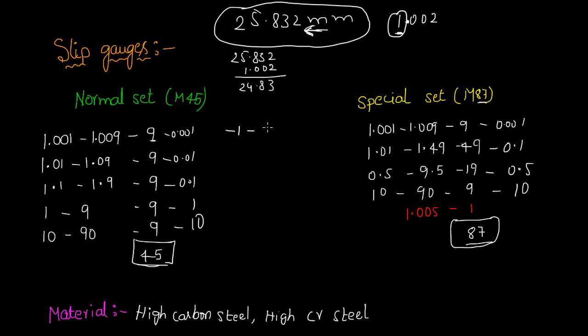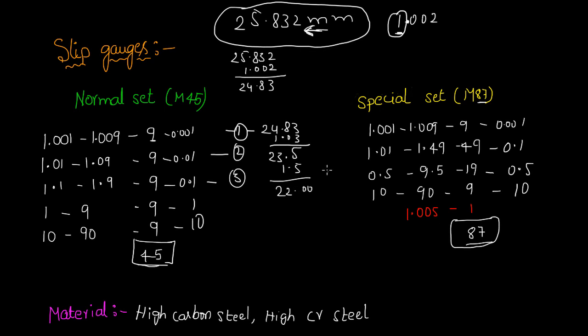So 24.83 is the remaining dimension and I am taking 1.33 from it. I am choosing a second one from it. So what is the final dimension? It will be 23.5. And from this I am taking 1.5, the third piece. What is the new dimension?